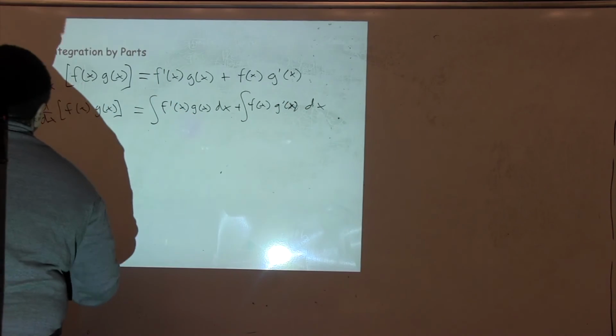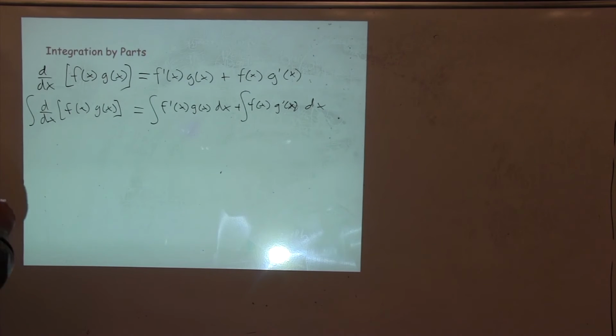Okay. So now, of course, let's do a little bit of simplification. If we take the integral of the derivative, what's that? That's exactly just the function itself, right? Because the integral of the derivative of a function gives you back the function itself.